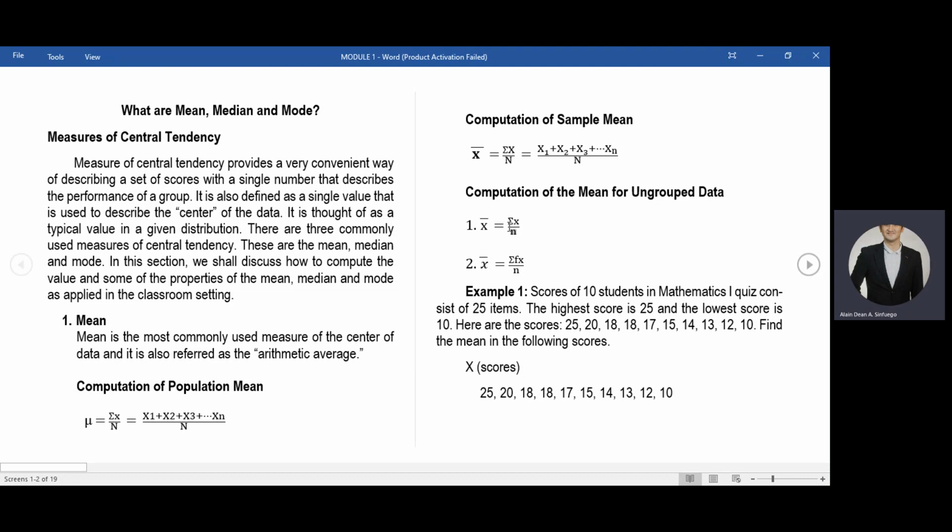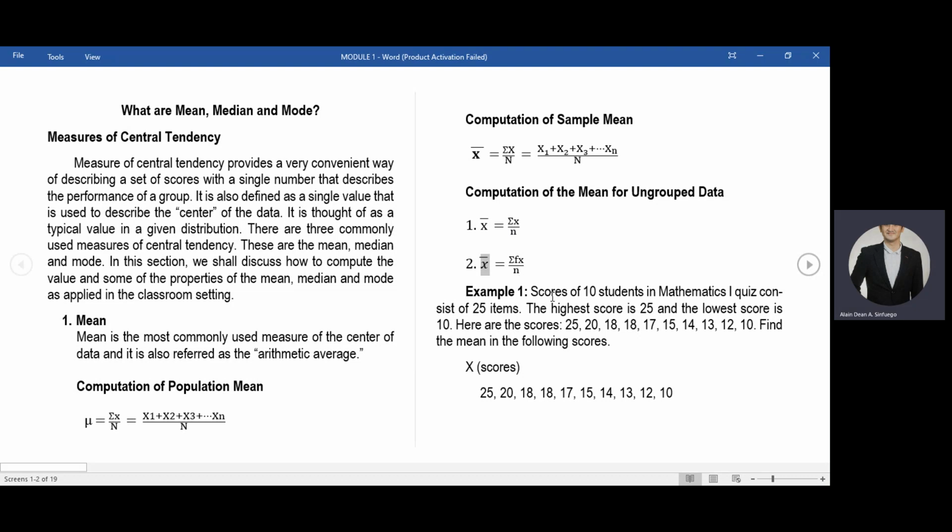Now, if you have frequencies involved, you have x bar equal to the summation of the frequency times the data value x, all over the sample size. Now we have an example here.